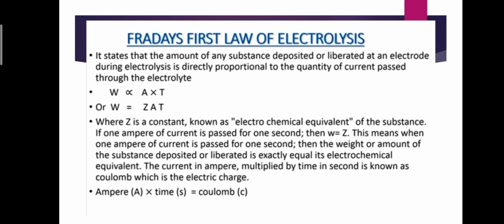The current in ampere multiplied by time in second is known as coulomb, which is the electric charge. Ampere multiplied by time is equal to coulomb.